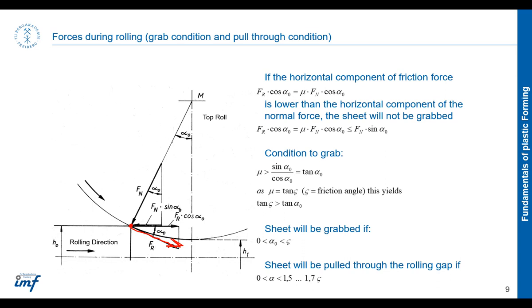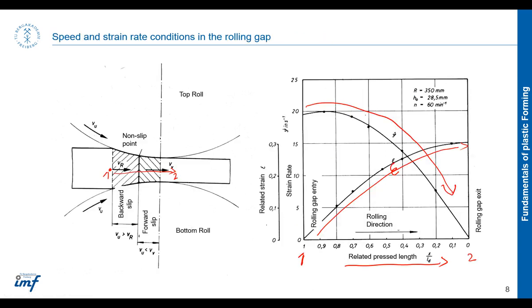It is quite simple. I will do it here. So, or in the previous slide. So here, this is a no slip point, which means that velocity of the roller is equal to velocity of the billet at this point.